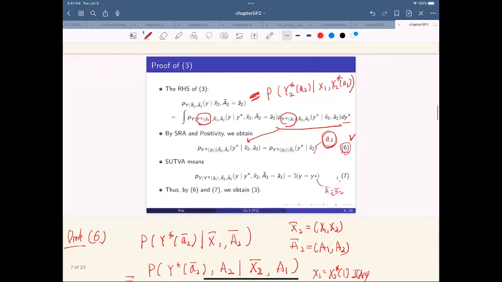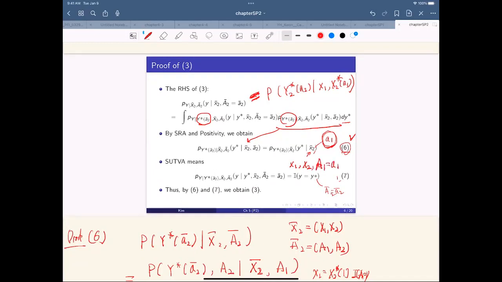But we still need to check whether this event is the same as this event, right? Because this is the observed one, so this is X1 and X2 and A1. And that is actually equivalent, right?